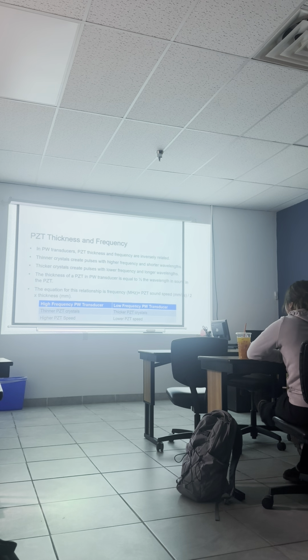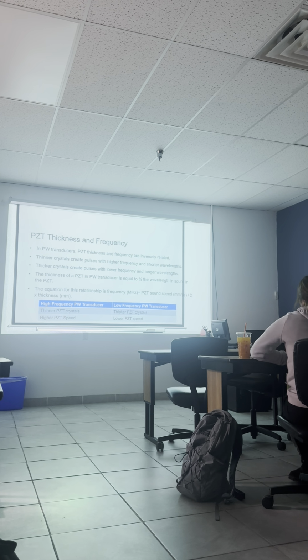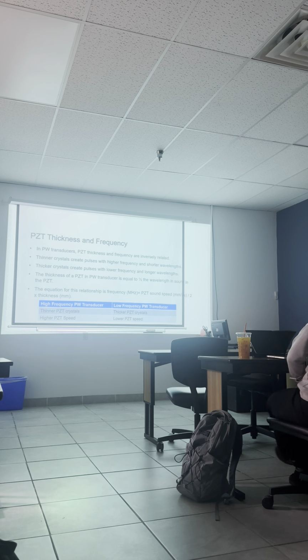If you have the information for one, you can get the other. If I told you the wavelength is 0.2, then the thickness of the transducer would be 0.4. And if the thickness of the PZT was 0.4 millimeters, then the wavelength would be 0.2.